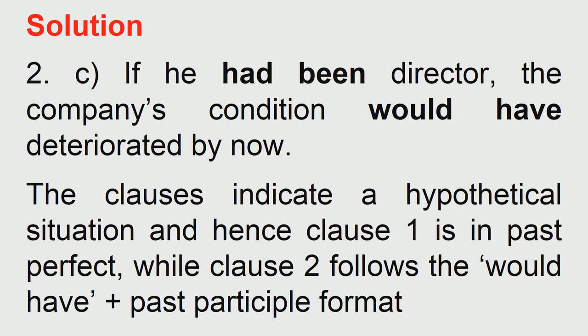And this is the solution. The second sentence, C. It's a hypothetical situation. It means that thank God he is not the director. Otherwise, the company would have really gone down the drain.